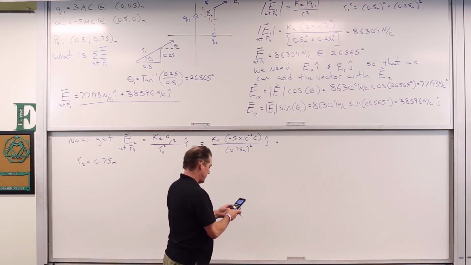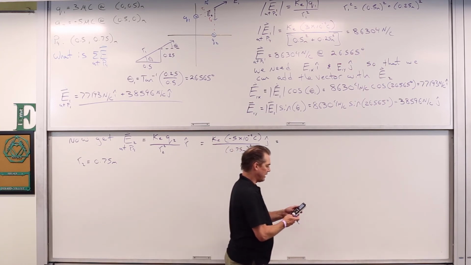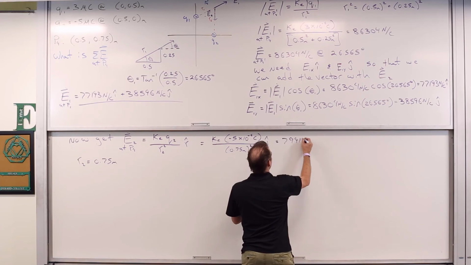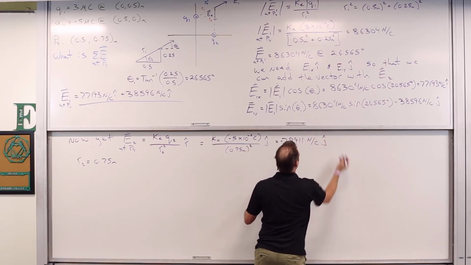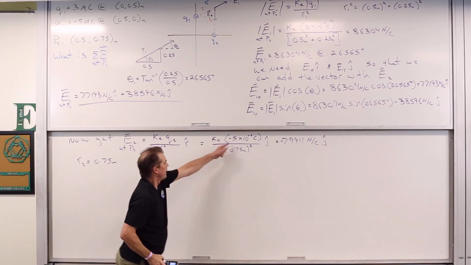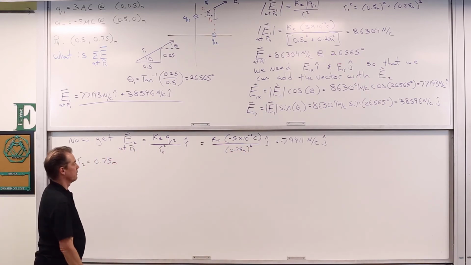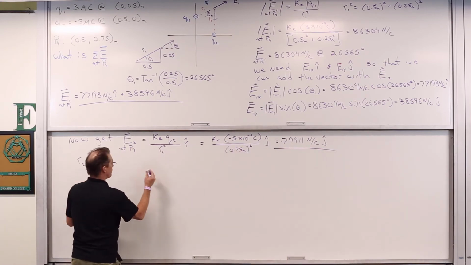We've got 8.99 e to the 9th times negative 5 e to the negative 6 divided by 0.75 squared gives us 79,911 newtons per coulomb, and it's in the negative J hat direction. And that's it. It's already in unit vector notation now. So that's good.